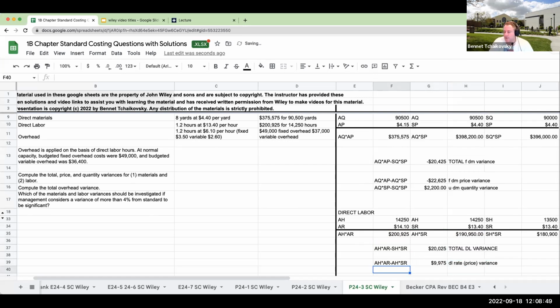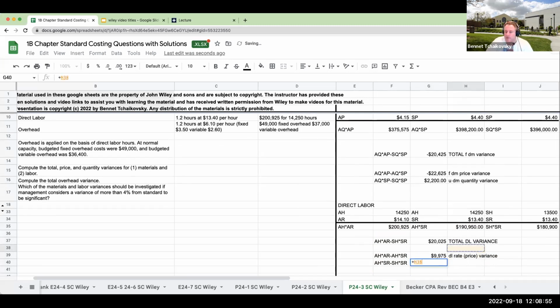When I take my middle value, AH times SR less SH times SR, this is going to give me over here 10,050. This is my direct labor efficiency, because that's why we talk about it in the number of hours, or the quantity of hours variance.